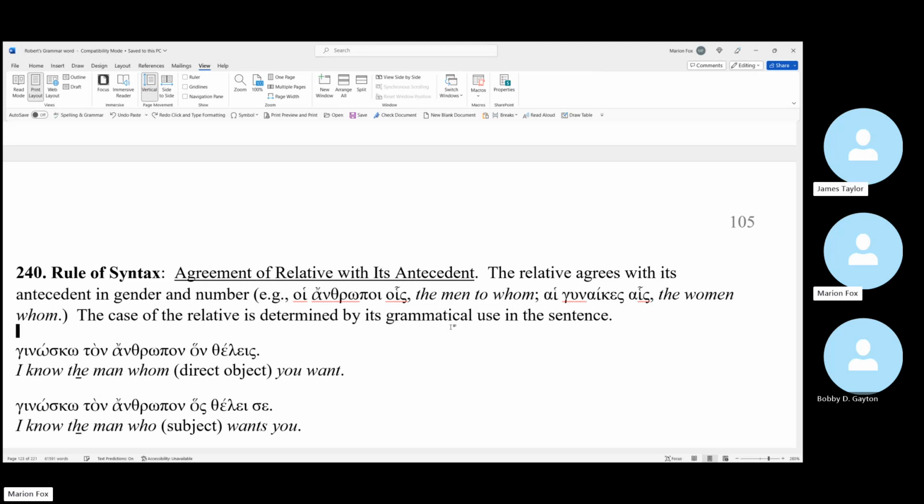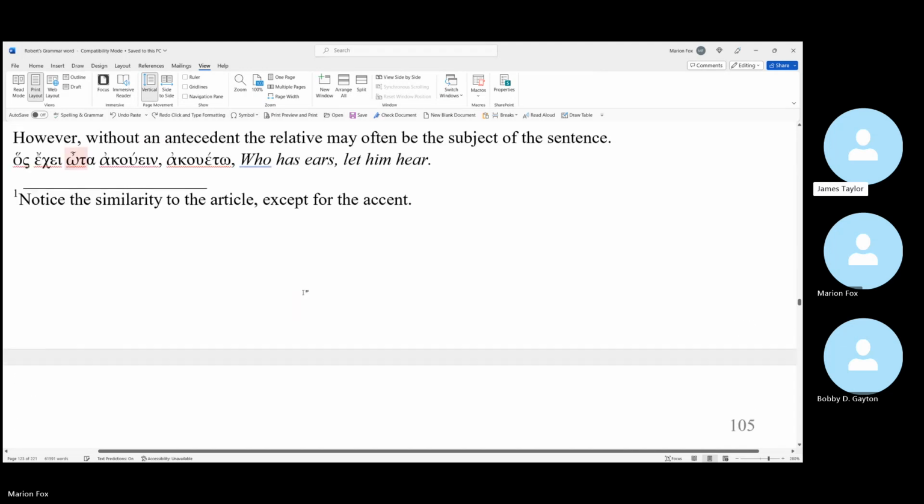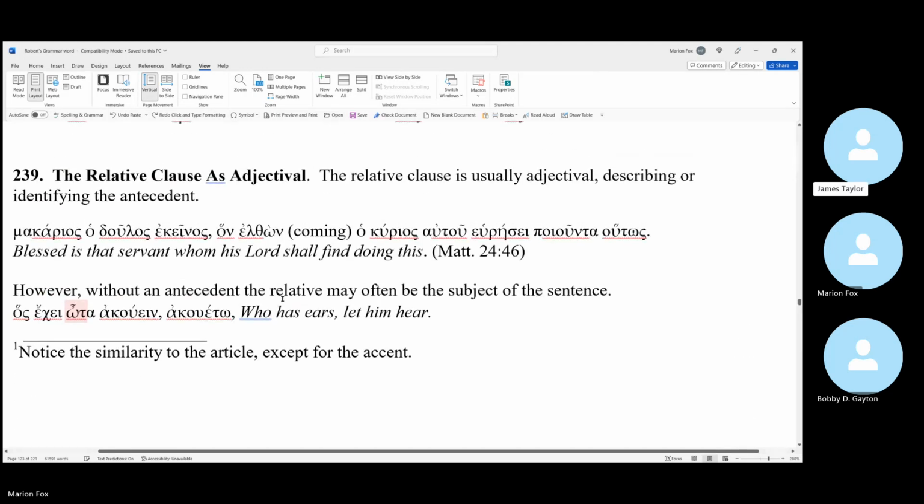Could you back up to the word you were translating up above, please, the sentence? Right there. Shall find him doing this.